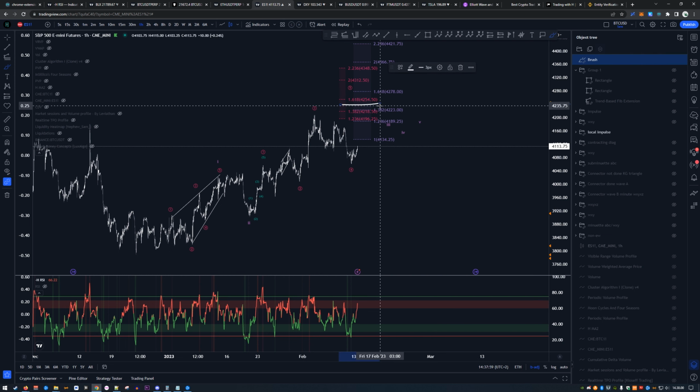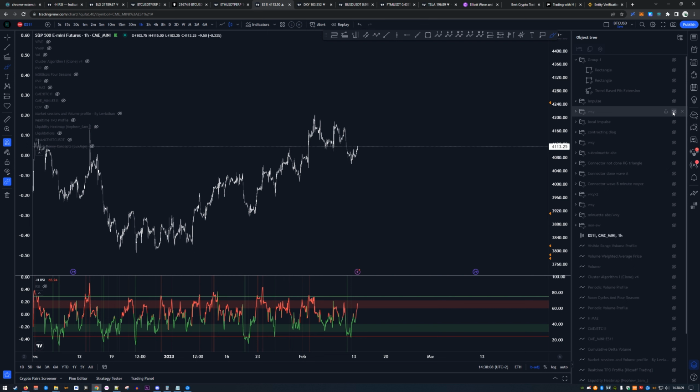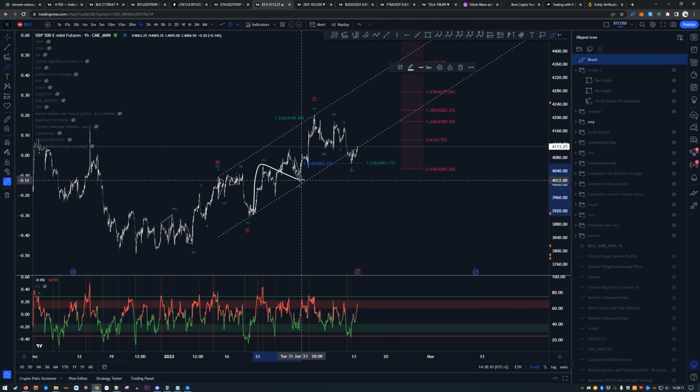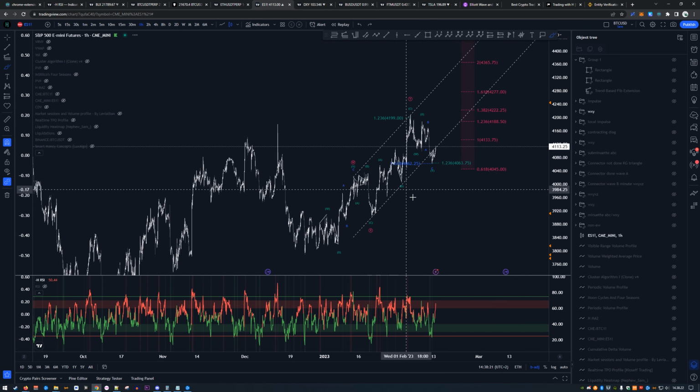If we don't hit these, it's more than likely not a third wave but some kind of corrective target, where instead we had this more likely scenario as an A, B, and C hitting that exact 1.236 here. That is why I prefer this more corrective outlook at this moment, climbing up correctively.